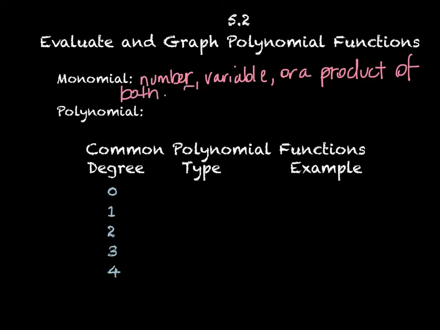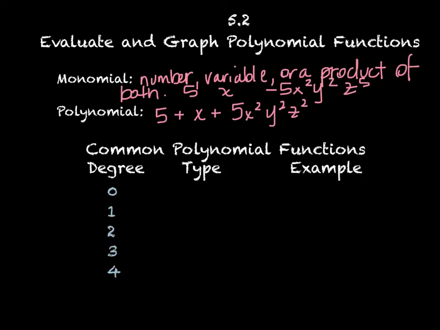So for example, 5 is a monomial, x is a monomial, but I could put a whole bunch together and that is a monomial. A polynomial is a monomial or sum of monomials. So if I put 5 and x and 5x squared y squared z squared together, that would be a polynomial.